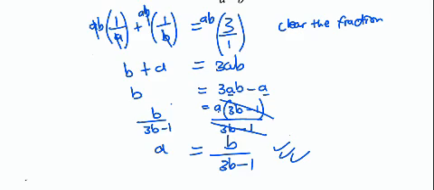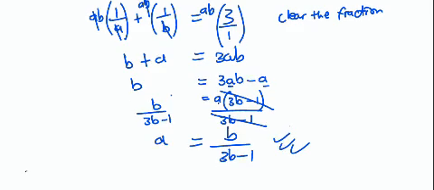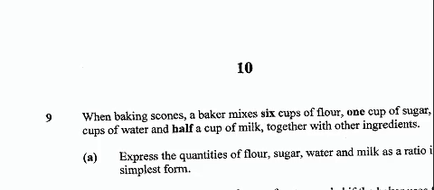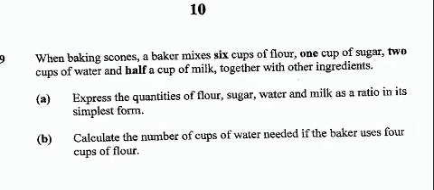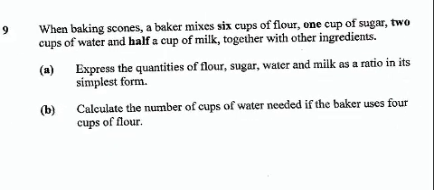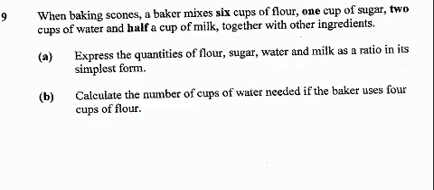That's it. You can get 3 marks for that. Right? But there are so many ways to clear the fraction. That is not the only way. You can do another way as well. Okay. Now we have number 9.